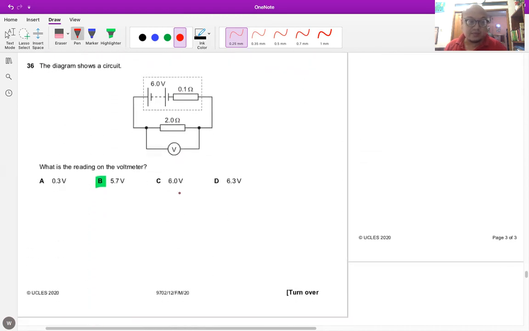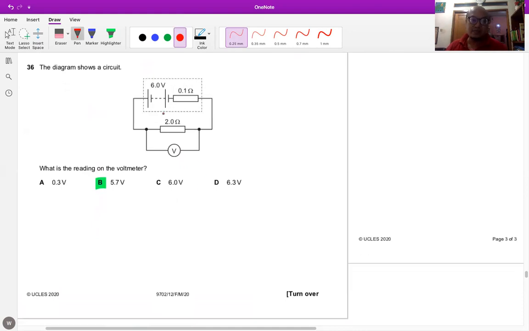The diagram shows a circuit with 6.0 volt and 0.1 ohm, connected through 2.0 ohms. This is a voltmeter. What is the reading of the voltmeter? V is IR, with R of 2.0.